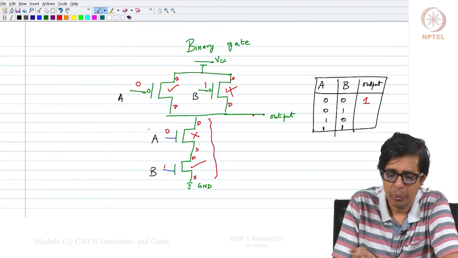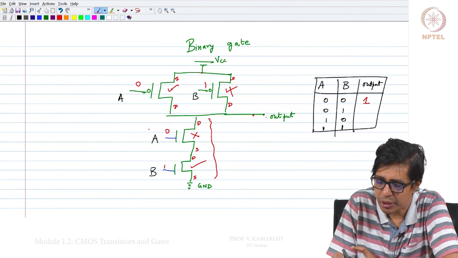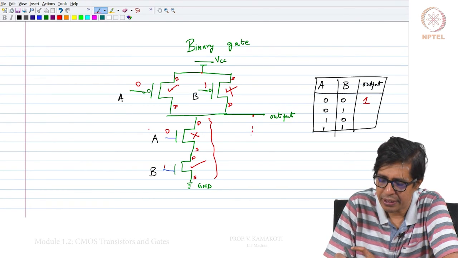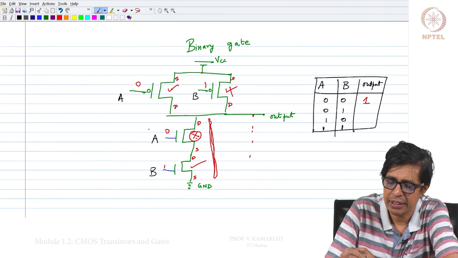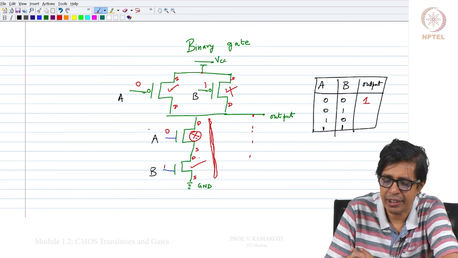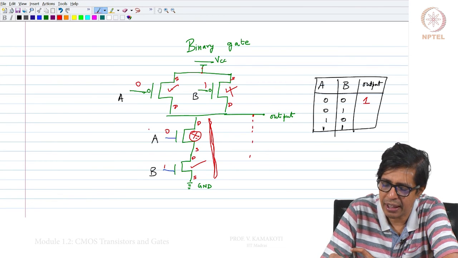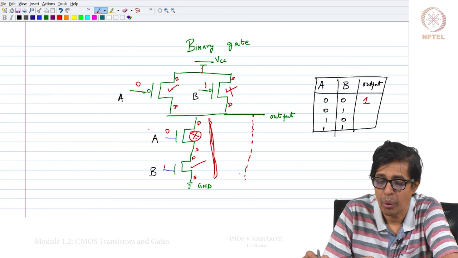So, this is open. While since this P transistor is on, there is a short from VCC to this output. Since this N transistor is off, this entire part is disconnected from the ground. So, VCC is connected to the output.